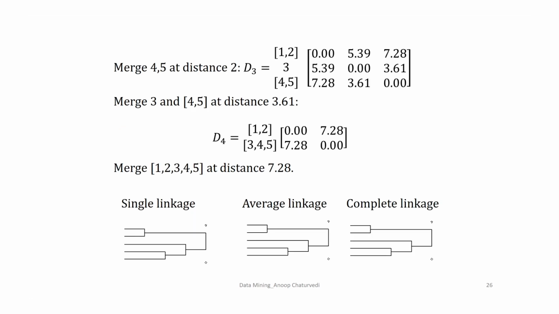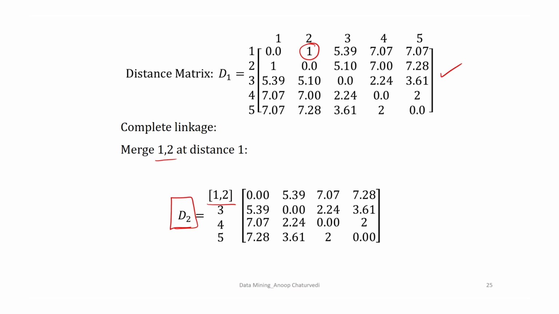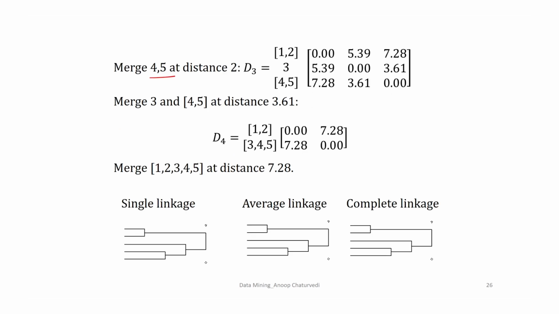Then we merge 4 and 5 at distance 2. We consider this distance matrix and we merge 4 and 5. Then we get this distance matrix.